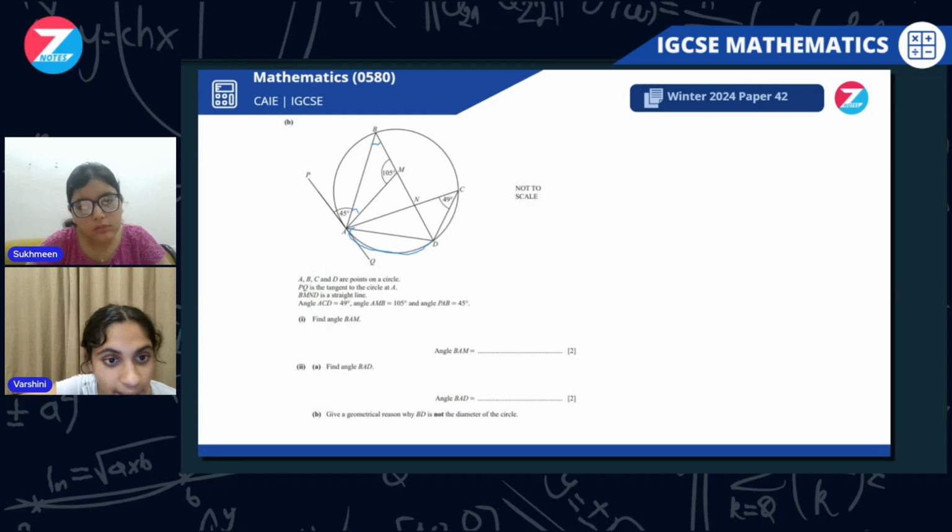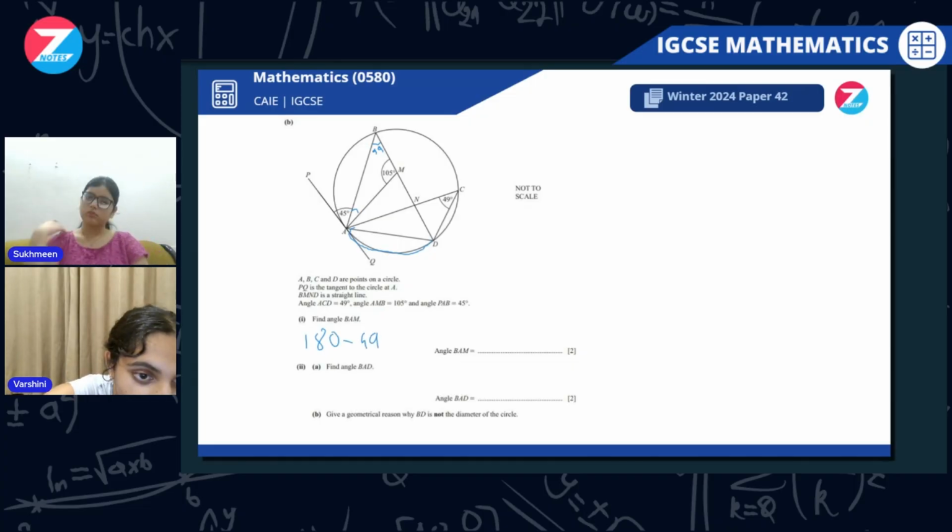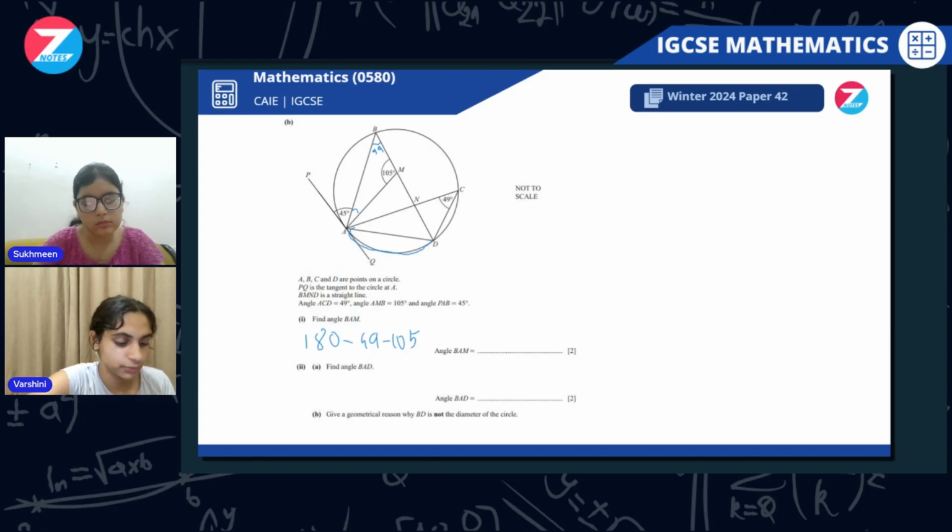So that means ABM also equals 49. So now they want us to find BAM, and we know angles in a triangle are 180. So all we have to do is 180 minus 49 minus 105. And just put that in your calculator. Which is 26. So BAM is going to be 26 degrees.